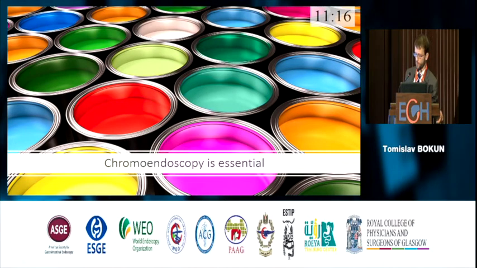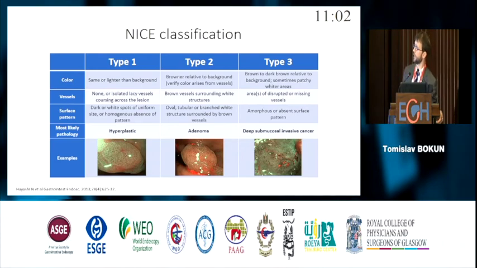So this was morphological classification, but we need to add some color so that we can get some extra features of the lesion, so that we can properly classify and then decide what to do with this lesion. The first one to mention is the very famous NICE classification, narrow band imaging.